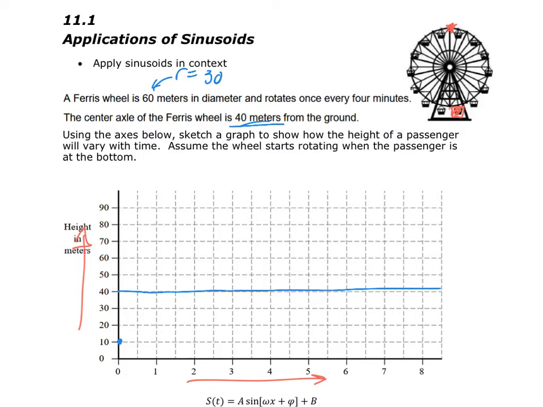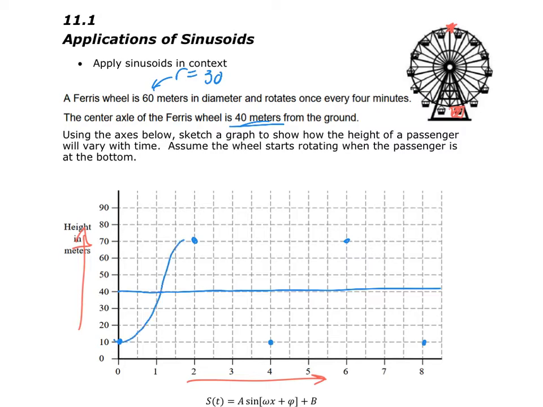I'm at 70. At 4 minutes, where am I? At 4 minutes, I'm back to 10. If you did a second rotation, where are you after 6 minutes? And where are you after 8 minutes?